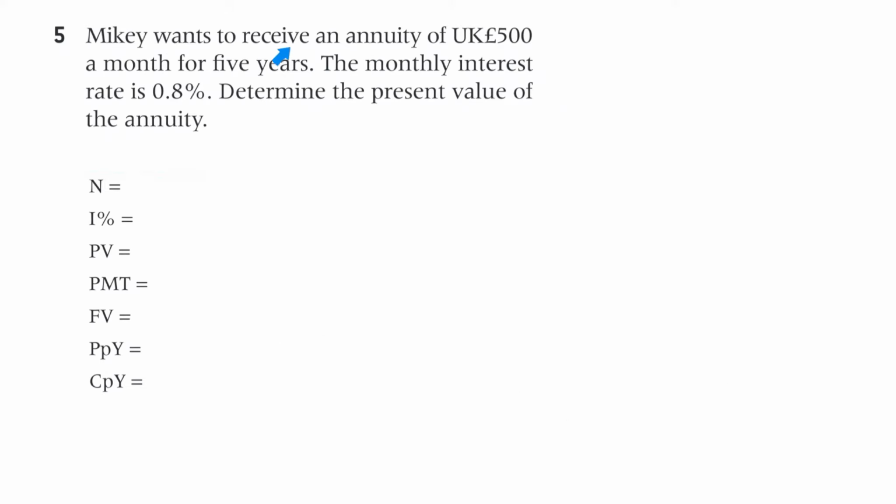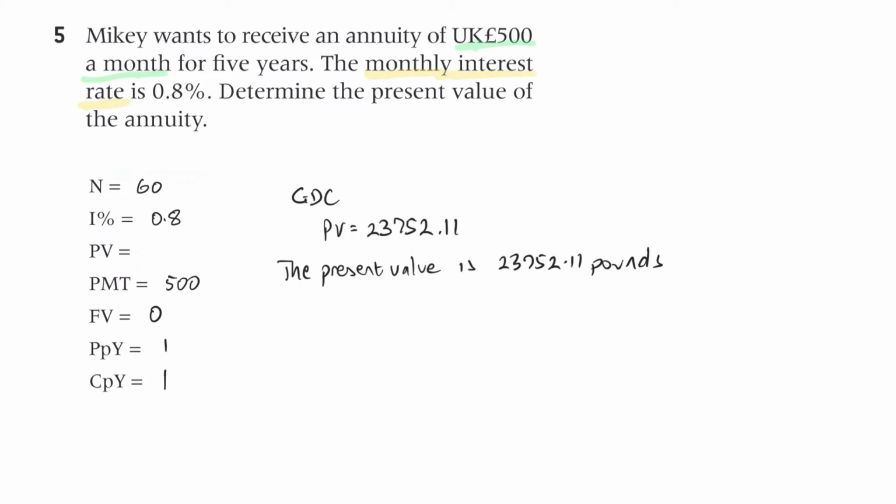Number 5, Mickey wants to receive an annuity of UK £500 a month for 5 years. The monthly interest rate is 0.8%. Determine the present value of the annuity. So we need to find this one here, the present value. Okay, so what do we know? The period here is £500 a month for 5 years.